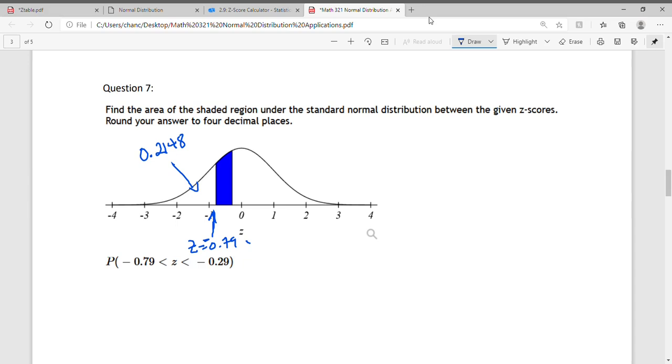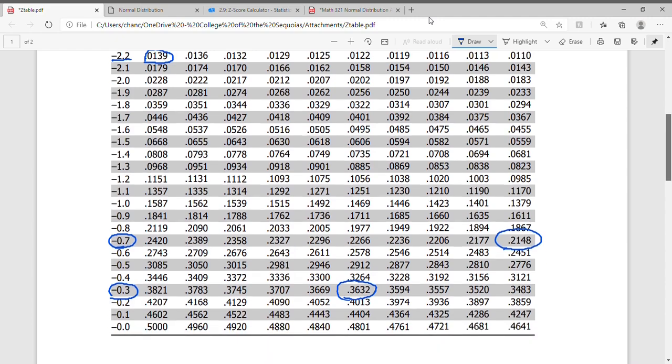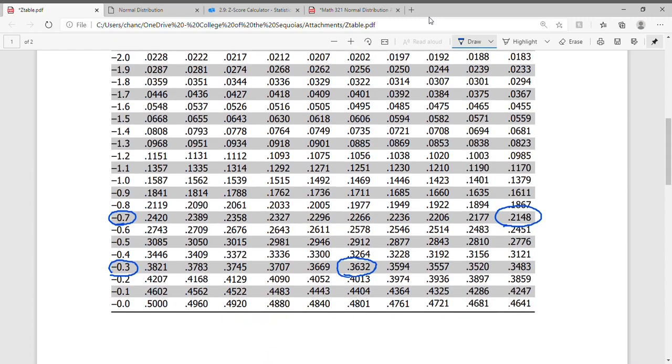Now we'll look for the area to the left of negative 0.29. The area to the left of negative 0.29 is going to be this area here.